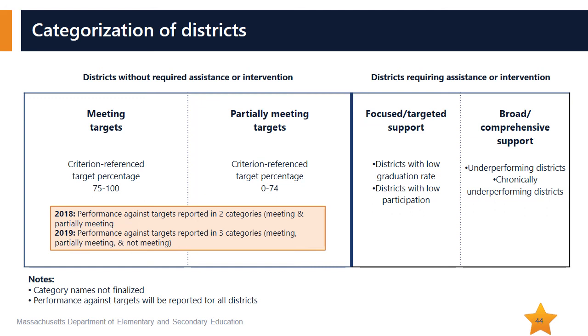The rest of the districts will be categorized as not requiring assistance or intervention. These districts will be reported as meeting or partially meeting targets in 2018, or meeting, partially meeting, or not meeting targets in 2019, based on the criterion-referenced target percentage calculation.